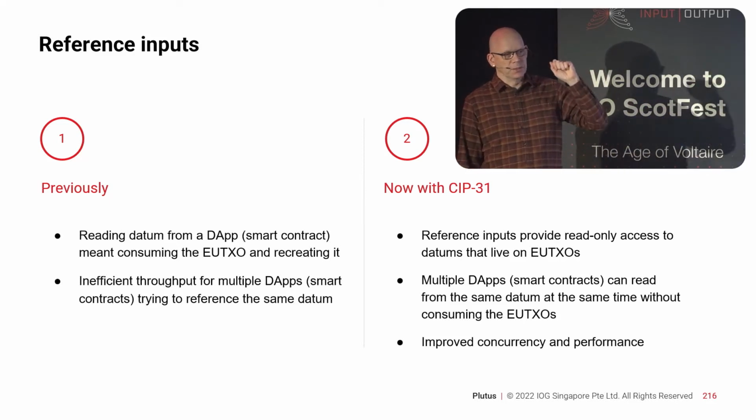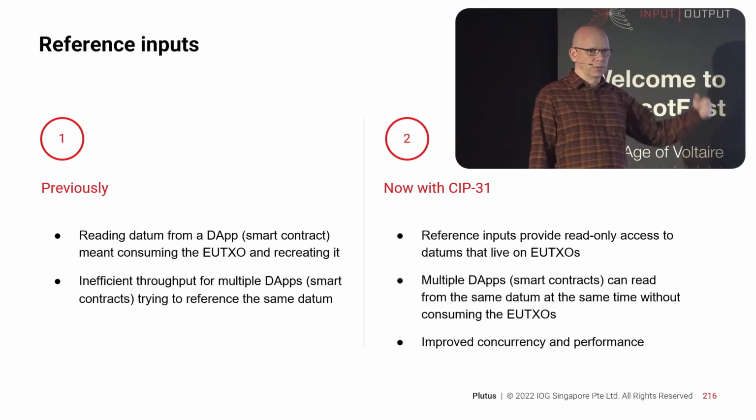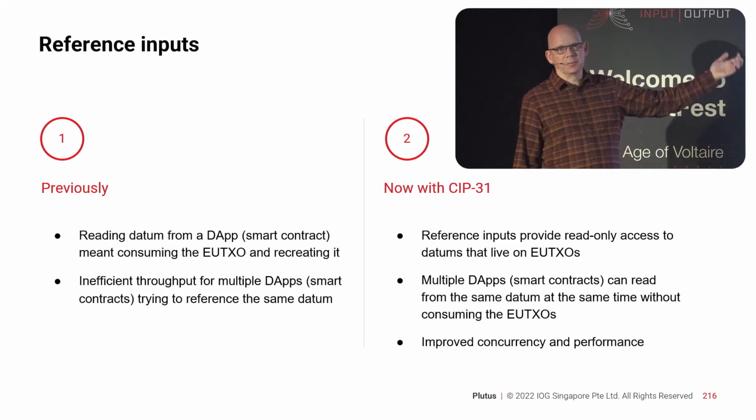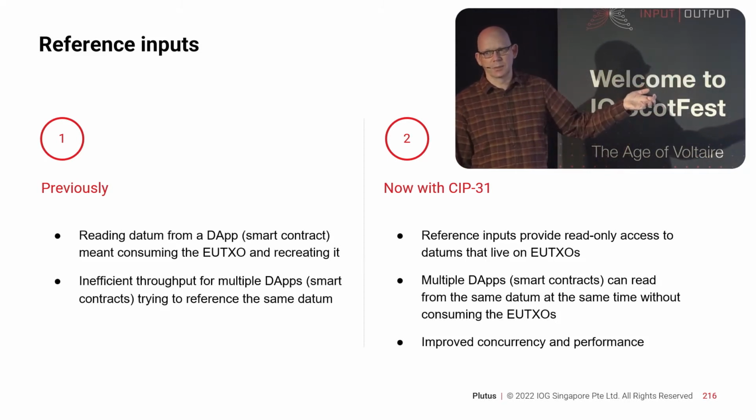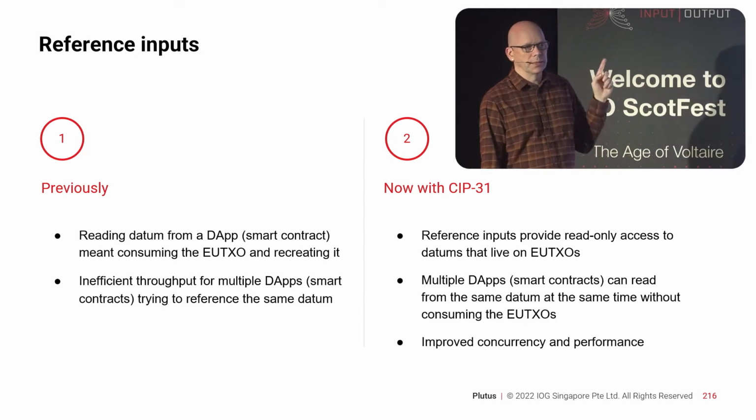there's reference inputs, and a reference input allows the Plutus script to see the value of the UTXO, or more importantly, any data or metadata that's associated with the UTXO. The use case for this that's really key is like an Oracle use case.